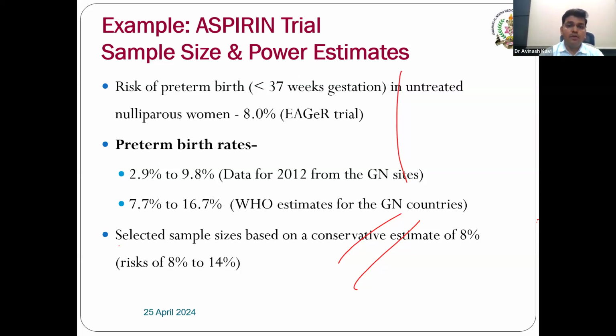At the same time, we have WHO estimates from these global network countries, where the range is between 7.7 to 6.7%. So definitely, we have a huge burden of preterm birth. That itself shows that this study is relevant and really important to address this issue. What we took, 8%, was a conservative estimate based on the previously conducted studies and these estimates.